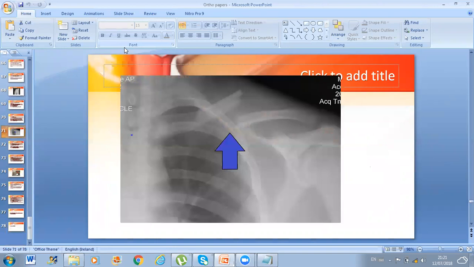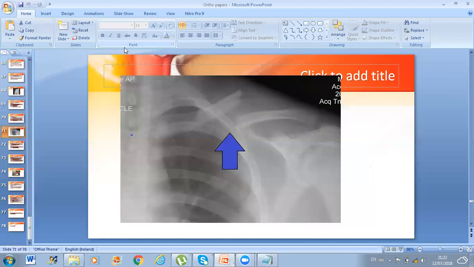Okay, who will tell me the indications for ORIF of a midshaft clavicle? Yes, when there is a neurovascular disruption or injury, skin impingement, and complete displacement, meaning no contact between the parts.